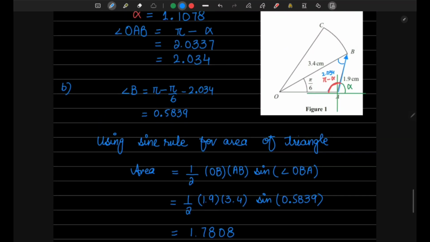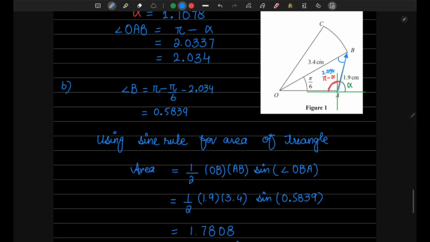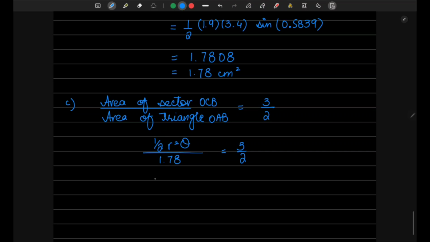So what do we know in the area thing? We know the radius r is 3.4. We need to just find theta. So half 3.4 square theta over 1.78 equals 3/2.